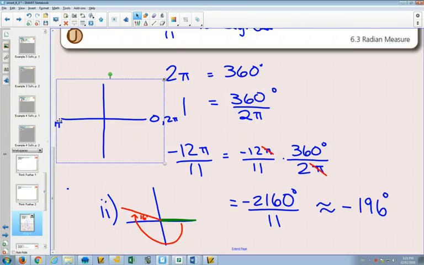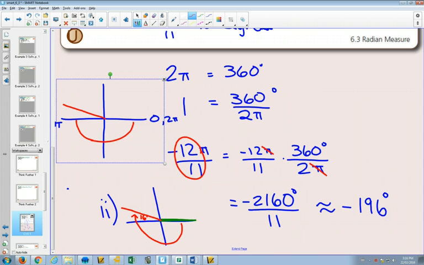Now, when we look at negative 12 pi over 11, you know that you're going to go in the negative direction. So we already know we're going in this direction. Negative 12 over 11 as a fraction of pi, can you see that that's a little bit more than 1? And 1 pi in the negative direction would be here. And then we need to go 1/11th more around, because it's 12 over 11. If you imagine this top half split into 11 equal sections, does that seem somewhat reasonable?